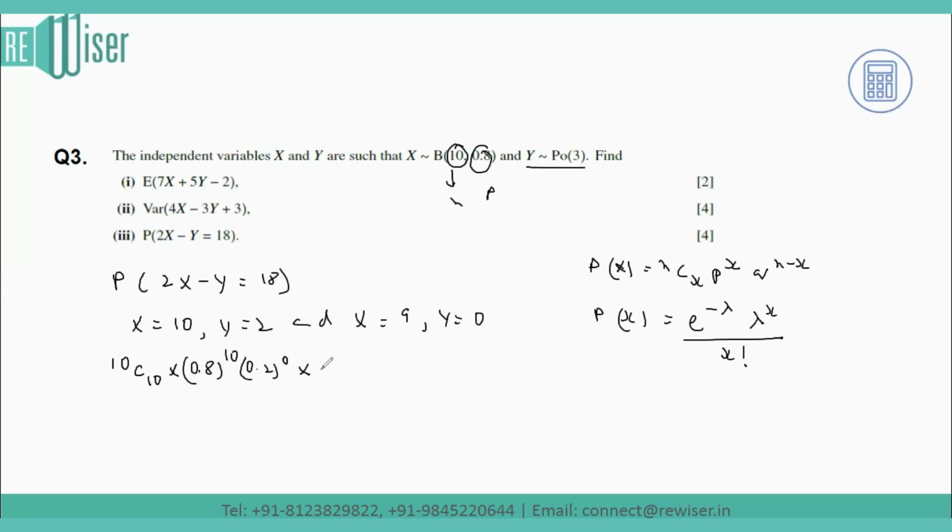The mean is 3, so e to the power minus 3 into 3 squared divided by 2 factorial, which is 2.